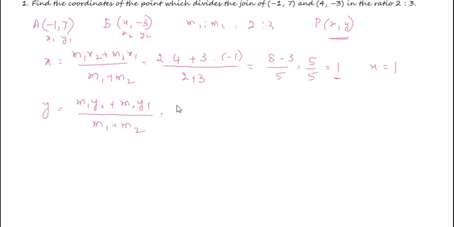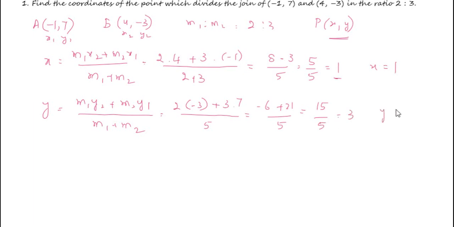Now m1 is 2, y2 is minus 3, plus m2 is 3 into y1 is 7, divided by the denominator, the same, that is 5. So this becomes minus 6 plus 21 divided by 5, that is equal to 15 divided by 5, equal to 3.